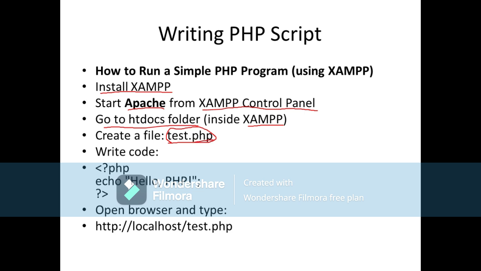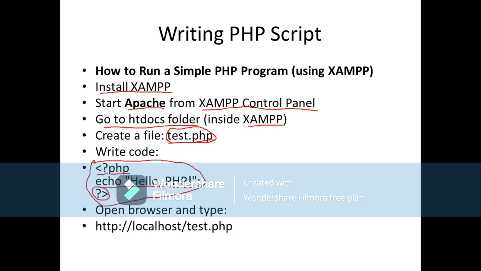Here I have given an example of test.php, a simple PHP script. The PHP script always begins with angular bracket, question mark and the keyword php. This echo will display the message on the screen. Then this is the end of our PHP script.